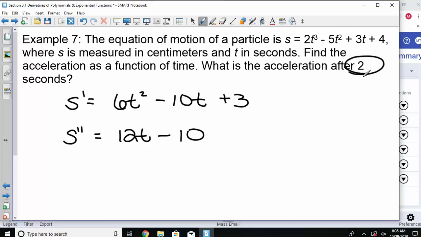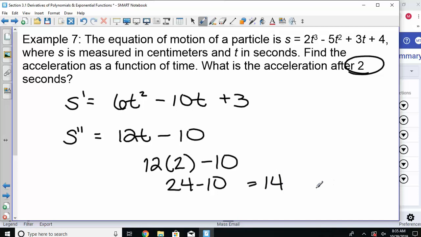Then I asked for the acceleration after 2 seconds, so plug in your 2. And we get 14. Do you guys know what the units would be? Meters per second squared.